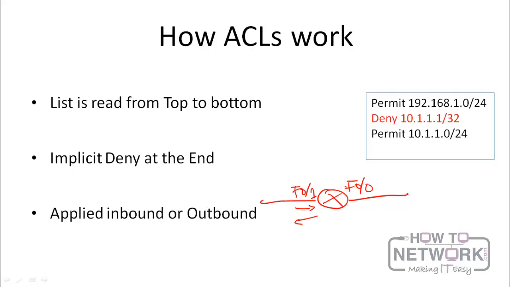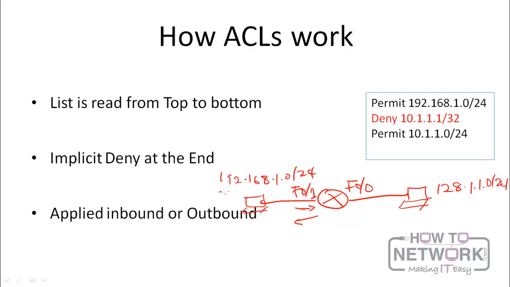The way to choose whether to apply it inbound or outbound depends on the source of the traffic and the direction. So, for instance, if I have a network here, and it's 192.168.1.0/24, and then I have another network here, and it's the 128.1.1.0/24 network.